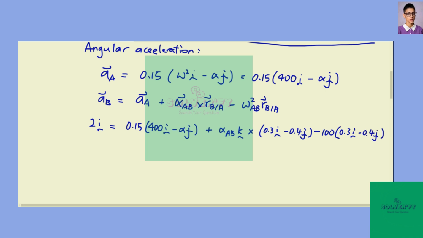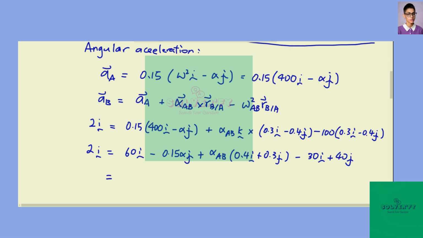Okay, so just continue. 60i minus 0.15 alpha j plus alpha AB times 0.4i plus 0.3j, minus 30i plus 40j.